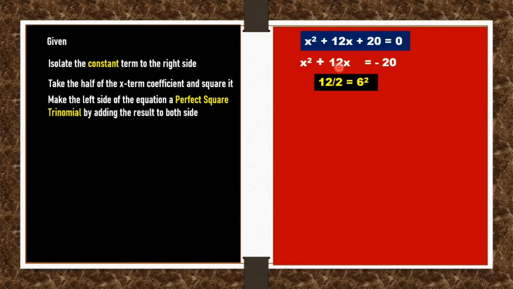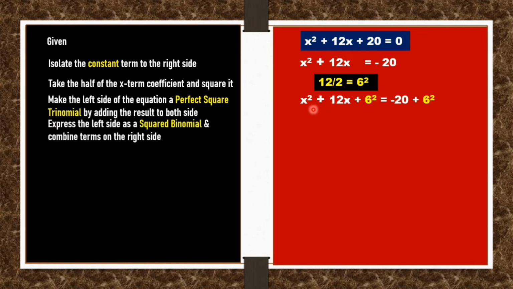Make the left side of the equation a perfect square trinomial by adding the result to both sides. So, i-add natin yung 6 squared in both sides of the equation to have a perfect square trinomial. Express the left side as a squared binomial and combine terms on the right side.